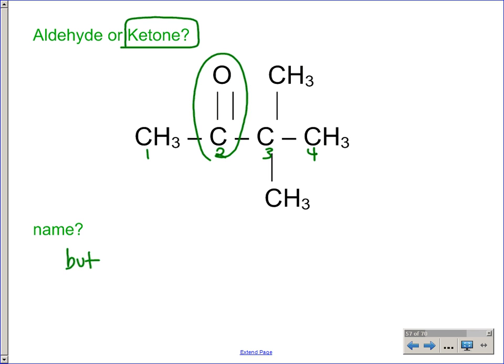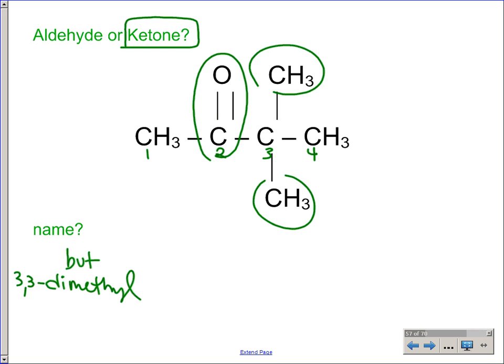And the substituents are methyl groups, so one right here, one right here. We've got dimethyl. Both methyls are on carbon number 3, so we have 3,3-dimethyl. And when we put that together, we need to recognize the location of the carbonyl, or the double bonded O. So that carbon is number 2.